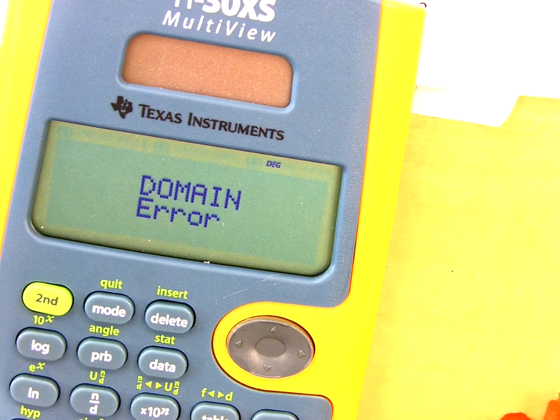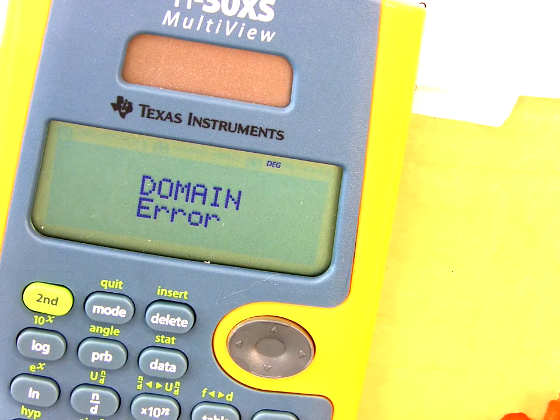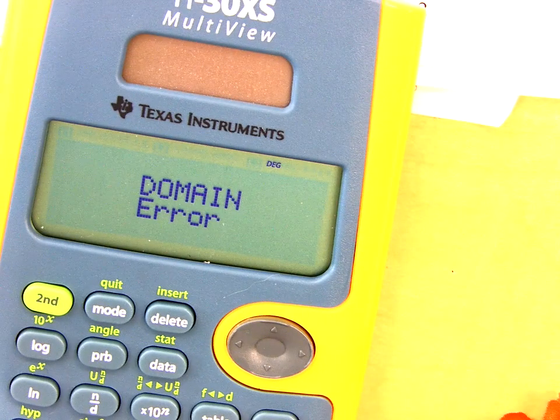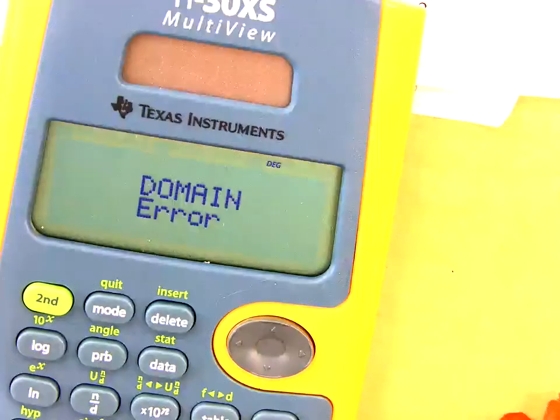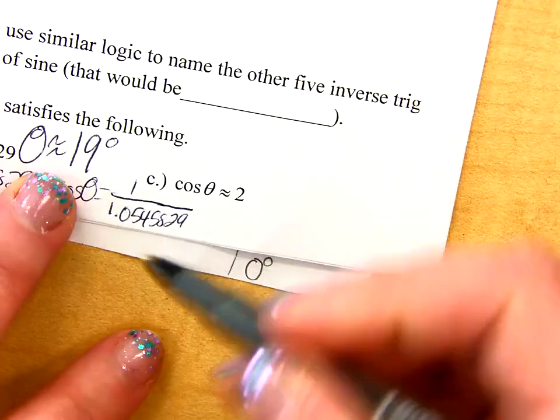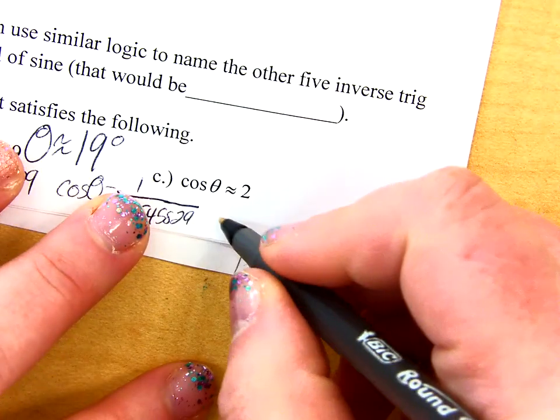Cosine, remember we had the ranges of possible values? Cosine can only ever be between -1 and +1. It's impossible to get a cosine of 2. Impossible. So this doesn't have an answer. There is no value of theta that has a cosine of 2. So, doesn't exist or not possible.